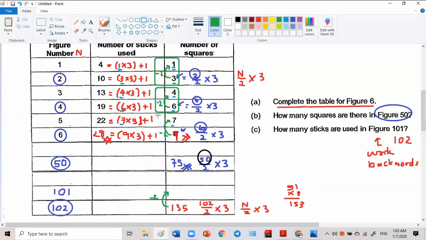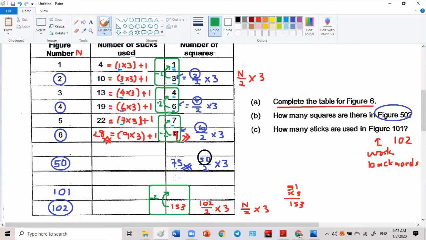Just like when it's 6 here, we have 9, but for the odd ones we have to go back minus 2. So same case here, we have 153. Okay, sorry, wrong number. So I have written 153 here. So here is 153.